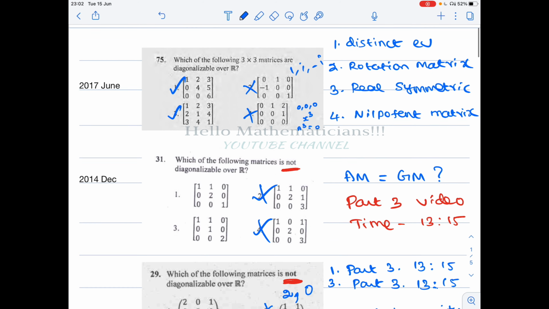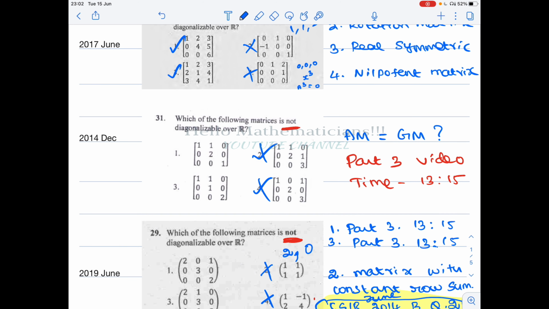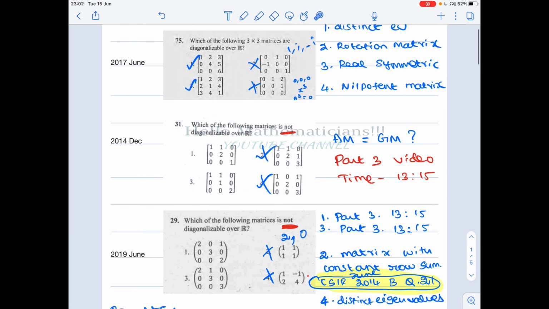Okay, good. So I gave this problem. We have already solved this problem in part 3 as an application of arithmetic multiplicity and geometric multiplicity. Please check at 13 minutes 15 seconds on part 3. But I gave this problem here nevertheless because we want to compare how similar problems are asked in the CSIR exam repeatedly.